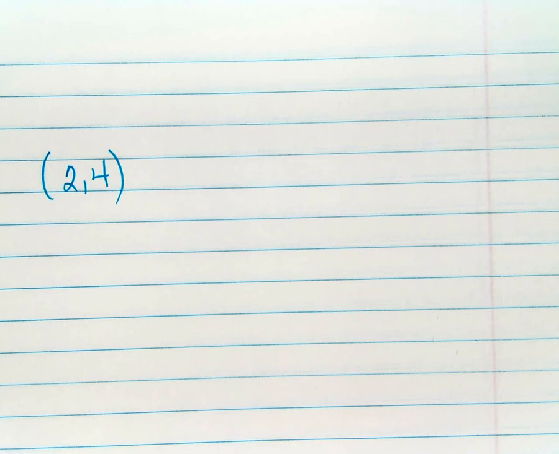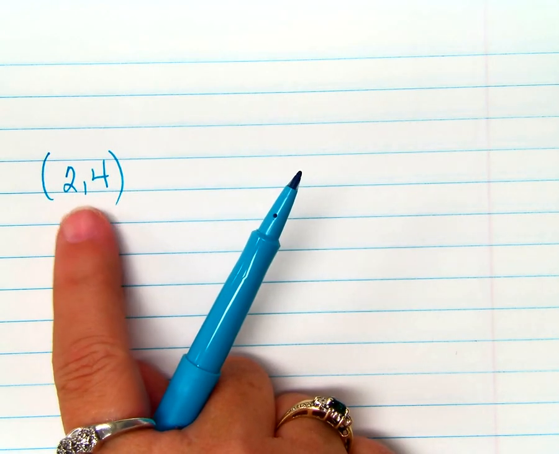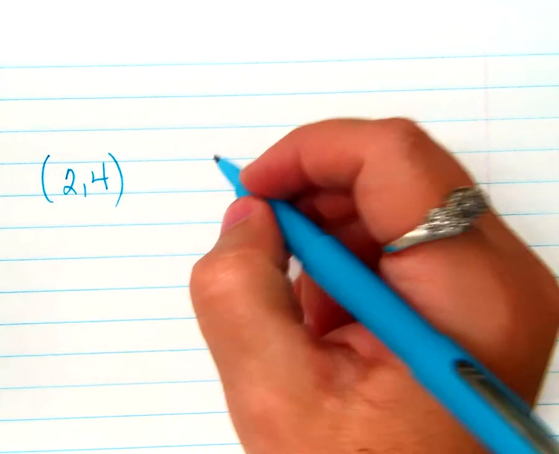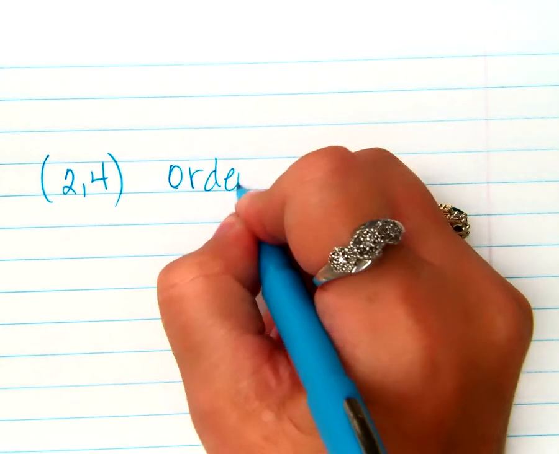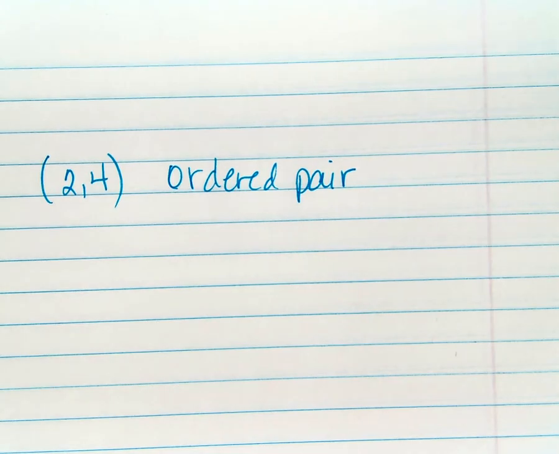We can have more, but we need at least, in this case from Friday, 2 equations if we have 2 variables. And our answers look something like this, right? What's that called? An ordered pair. Okay, that was called an ordered pair.